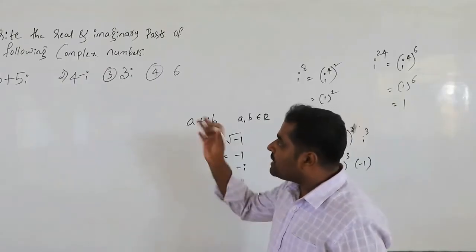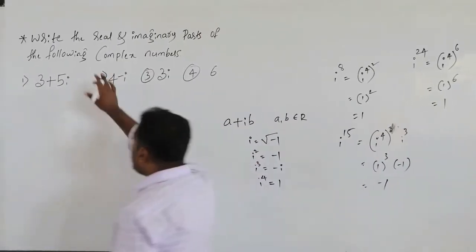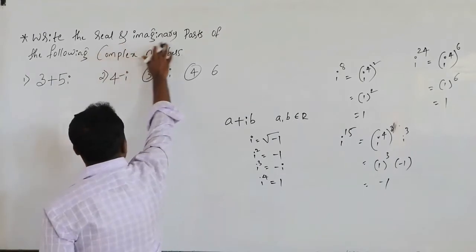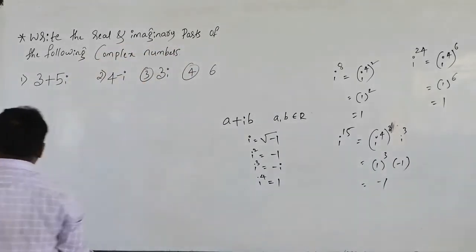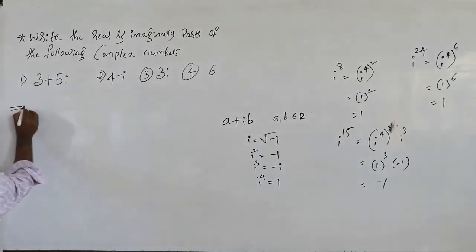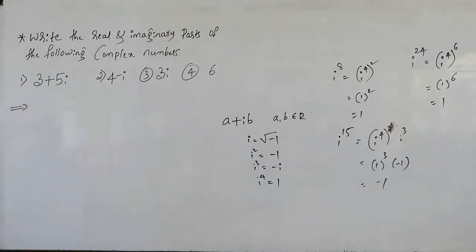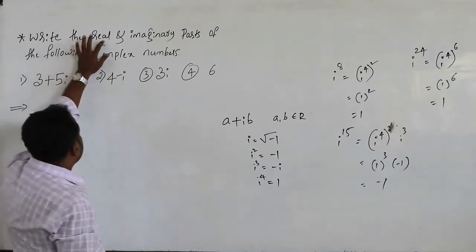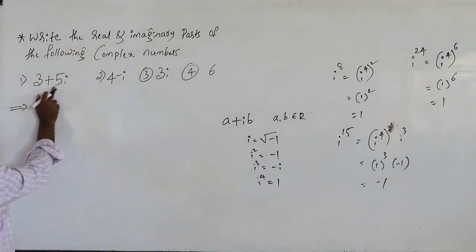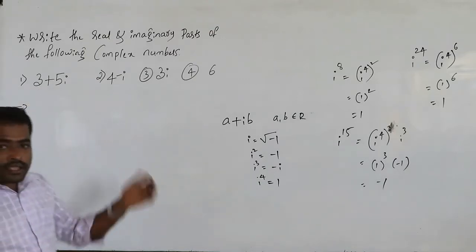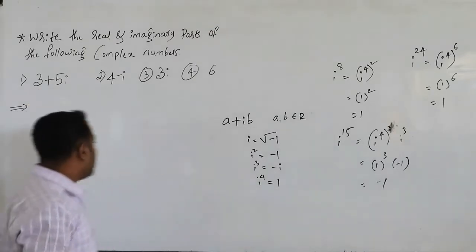Here we have to solve some examples. First one: write the real and imaginary parts of the following complex numbers. First one is given 3 plus 5i. What is the question? Find the real part and imaginary part. In the form of a plus ib, a is called the real part and b is called the imaginary part.